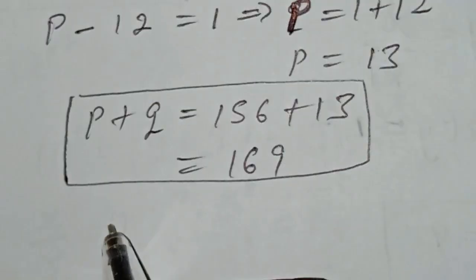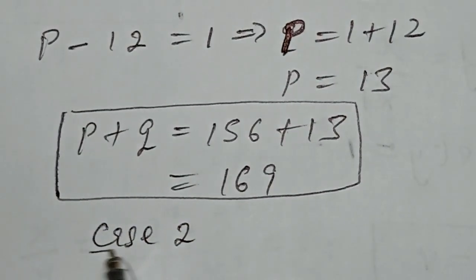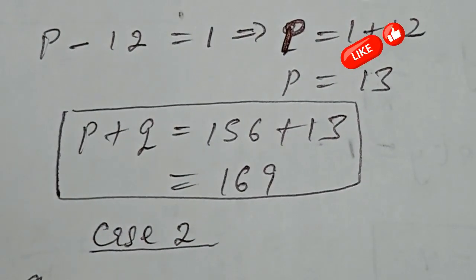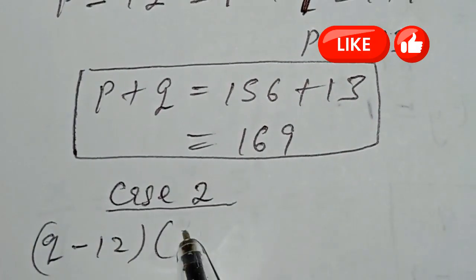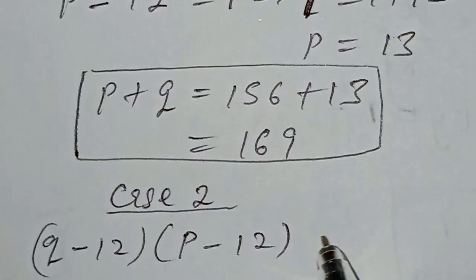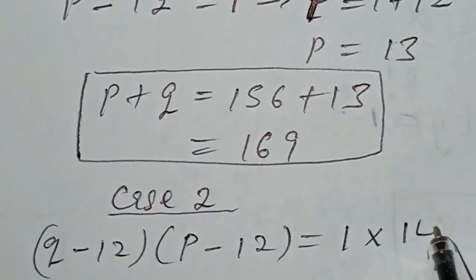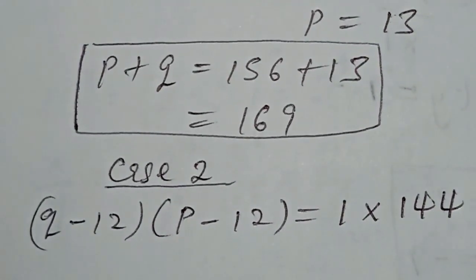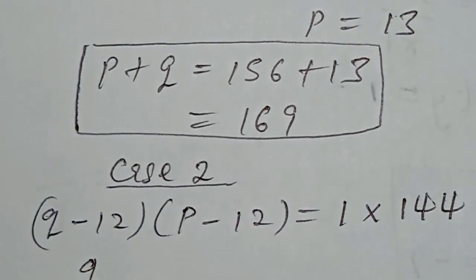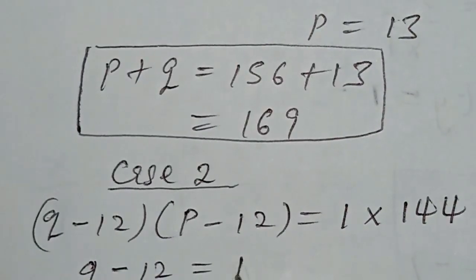Now considering case 2, where we have Q minus 12 into bracket P minus 12 into bracket equal to 1 multiplied by 144. So here we have Q minus 12 equal to 1.